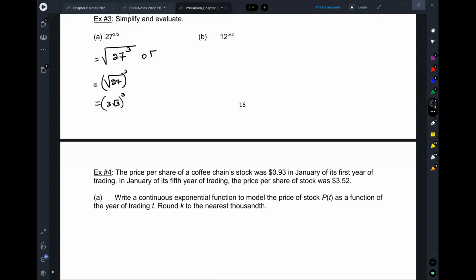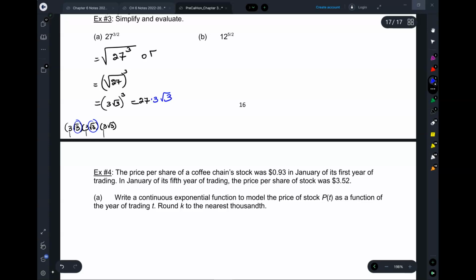So essentially what you have here is 3 root 3 cubed. You can see these 3's, the coefficients, will be 27. These two will be another 3, and then you have another root 3, and that'll be 81 root 3. So that's one way that I would do it.